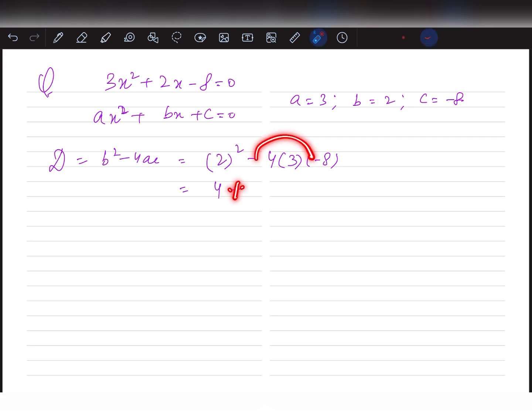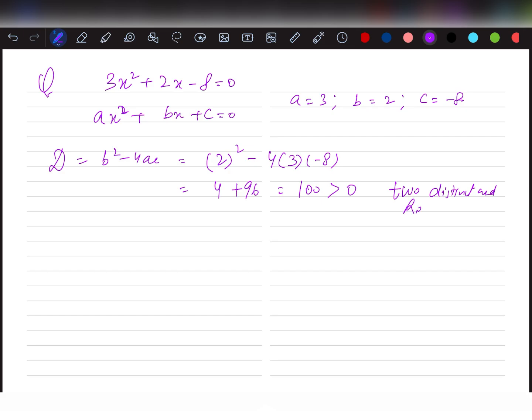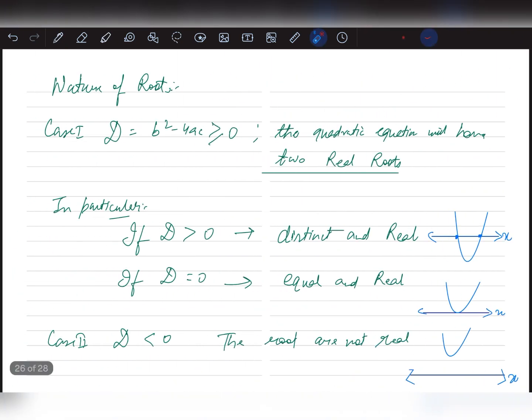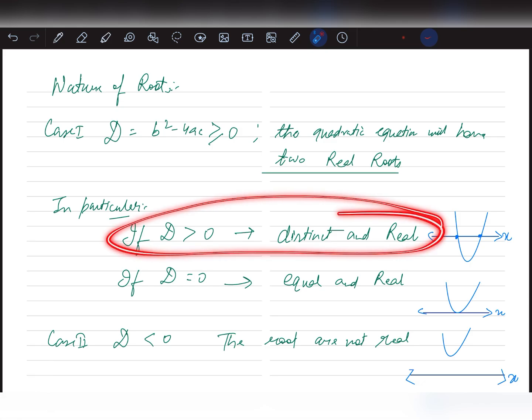These two negatives make one positive, and we get 96 from there. When you solve it, you get 100, which is of course greater than 0. That means there are going to be two distinct and real roots.